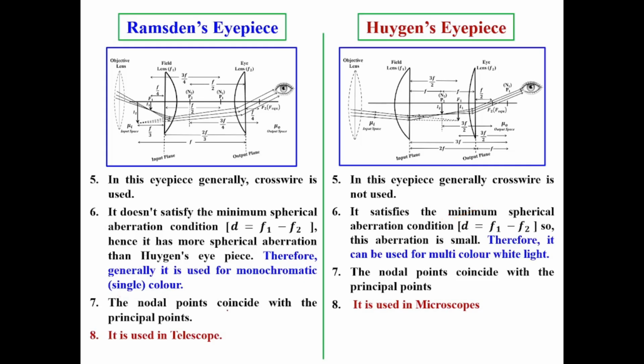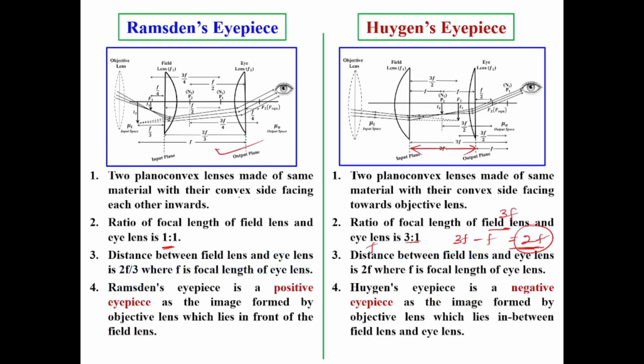Here the nodal points coincide with the principal points, and for this case also the nodal points coincide with the principal points. The Ramsden eyepiece is used in a telescope, and the Huygens eyepiece is used in a microscope. Okay, with these 8 points we have compared the Ramsden and Huygens eyepieces.